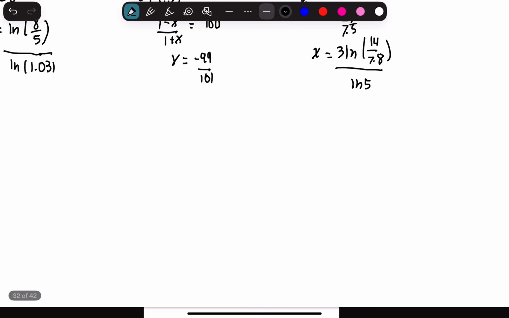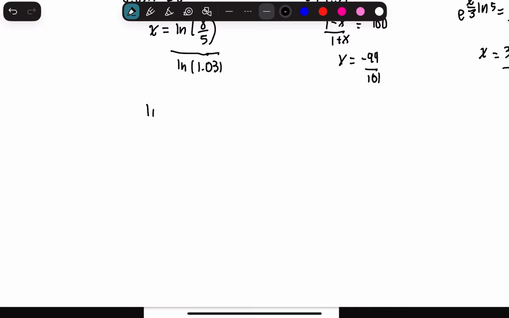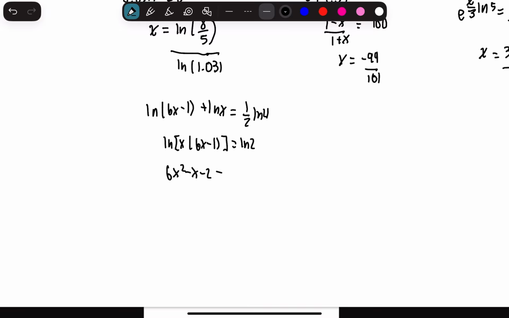Now, let's say that we have ln of 6x minus 1 plus ln x is equal to 1/2 ln 4. ln of x times 6x minus 1 is going to equal ln 2. This is going to be 6x squared minus x minus 2 is equal to 0. Therefore, x after factoring is going to equal 2 over 3.